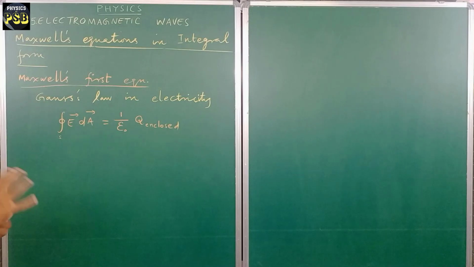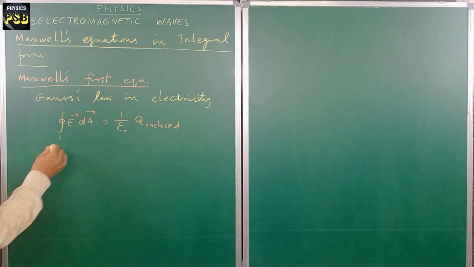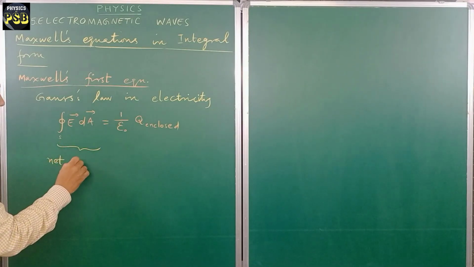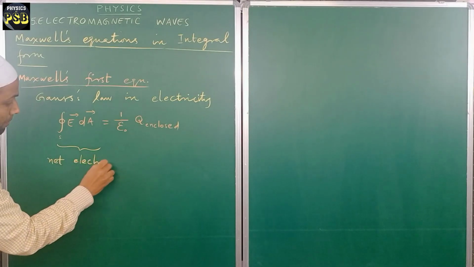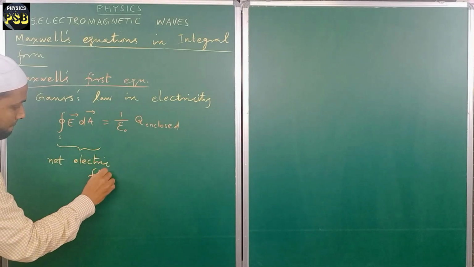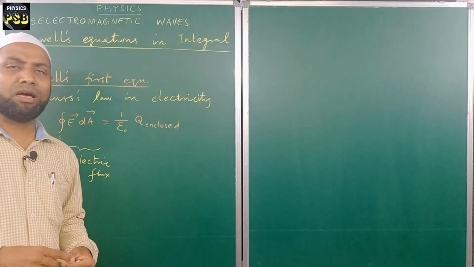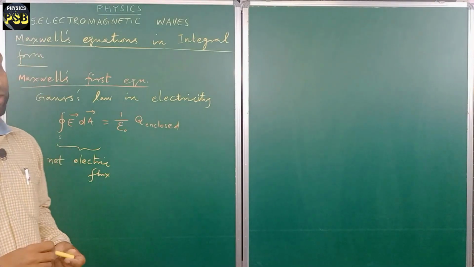Now what do we understand from this equation? This equation gives us net electric flux. Electric flux means the number of electric field lines passing or crossing through a given area.